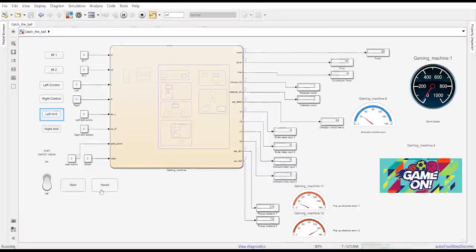We also have a reset button to stop the game at any point. Also the score is updated here. See, I have pressed this 3 times and the score is 50 now. It has reached 50.